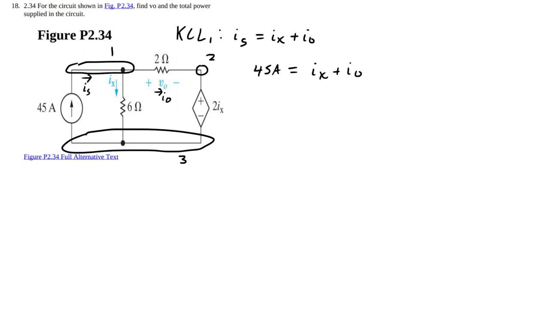But let's actually come up with a quick expression for I0. So I0 is going to be, remember Ohm's law, V equals I times R. So if we want to find the I, we get to divide V by R. So we have V0 divided by 2 ohms.